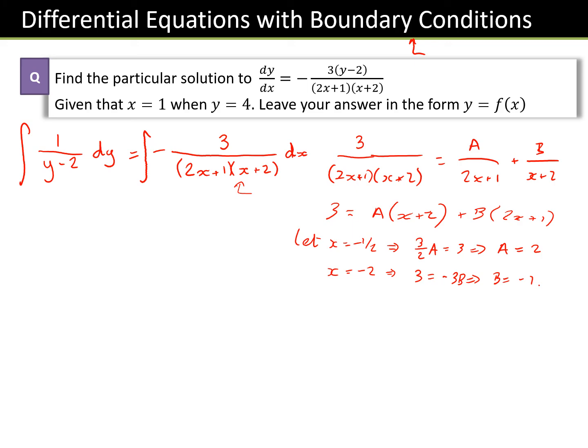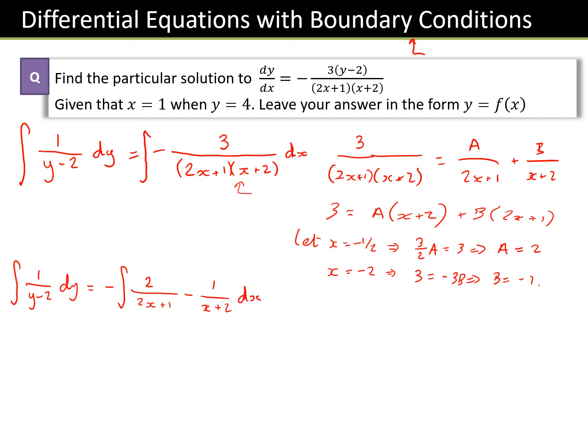So here we've got the integral of y minus 2 on the bottom of the fraction equals, I'm going to bring this minus out because it's going to make things a little bit complicated in a minute. We've got 2 over 2x plus 1, and then b is minus 1, so I'm going to put the minus in between the fractions, and it's 1 over x plus 2.